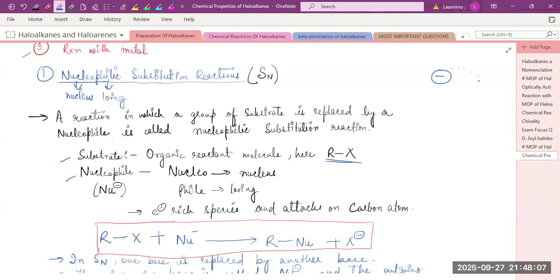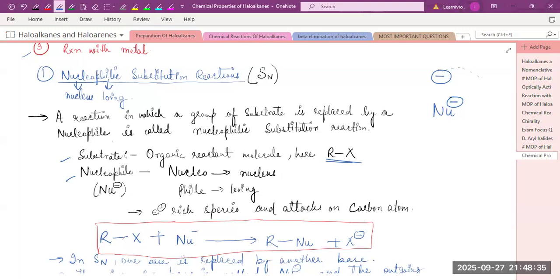So they will love nucleus. That's why they are nucleophile. Nucleophiles are electron rich, so we show them with a minus symbol. This is Nu for the nucleophile, and minus because they are electron rich. They have a minus charge on them, so they will attract positive charge, which is your nucleus.